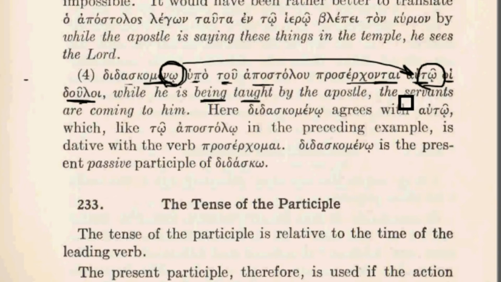So the slaves come to him in the dative while being taught, or being taught by, hupo, tou apostolou, the apostle. You have to kind of triangulate this a little bit as you go through it, but pretty soon it becomes fairly straightforward and intuitive. But at the beginning, it can take a little bit of mental gymnastics to think it through.